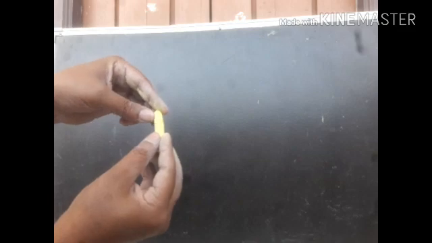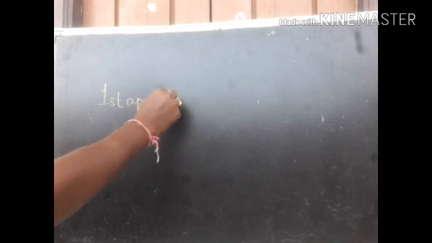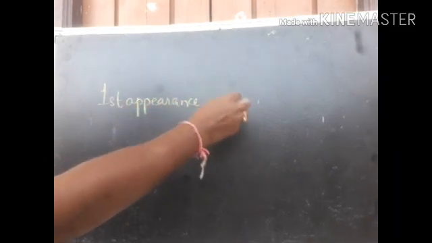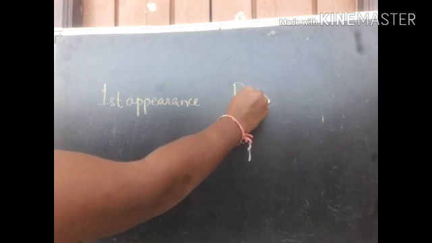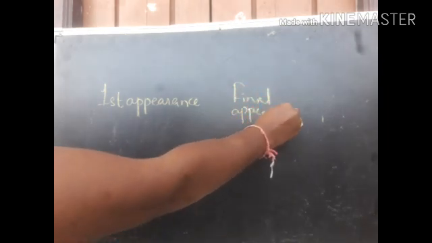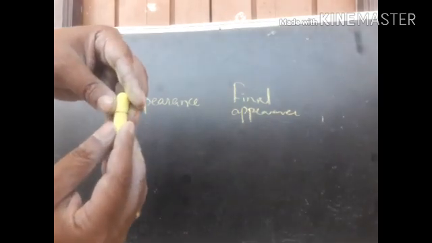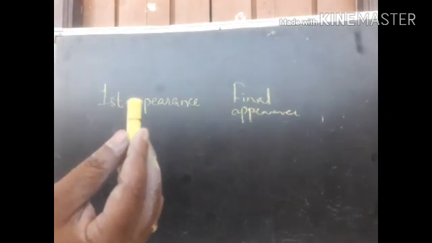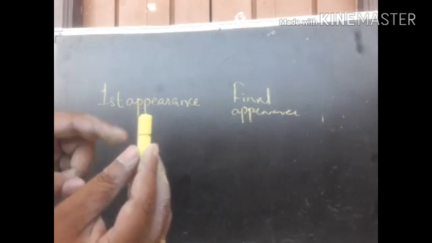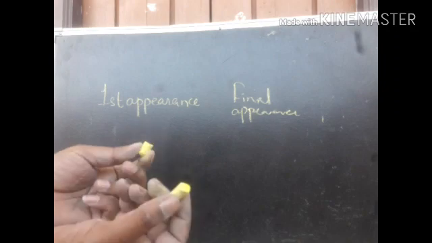It requires a first appearance and a final appearance. Now look at this. Actually, this is the first appearance, right? It is a long chalk piece, and whenever I break it, it becomes two.